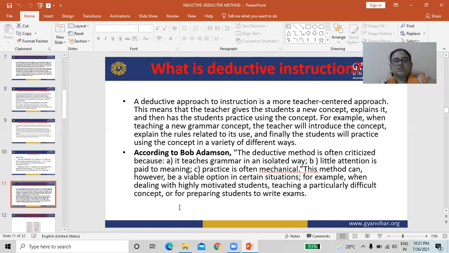Practice is often mechanical. This method can, however, be a viable option in certain situations. For example, when dealing with highly motivated students, teaching a particularly difficult concept, or for preparing students to write an exam.